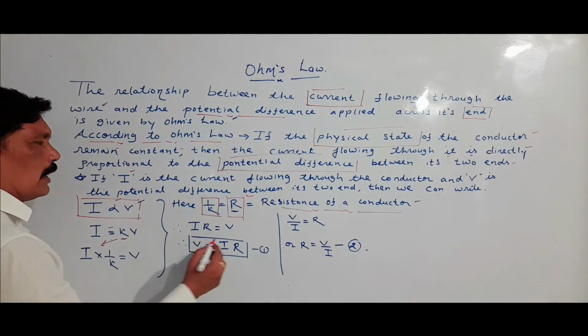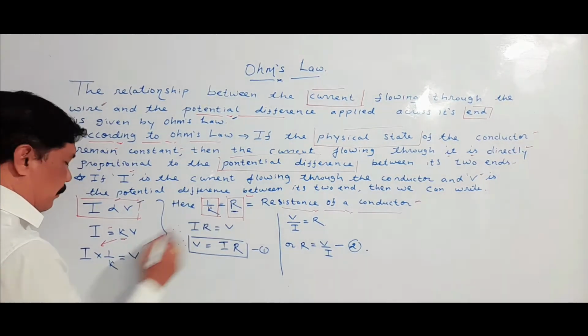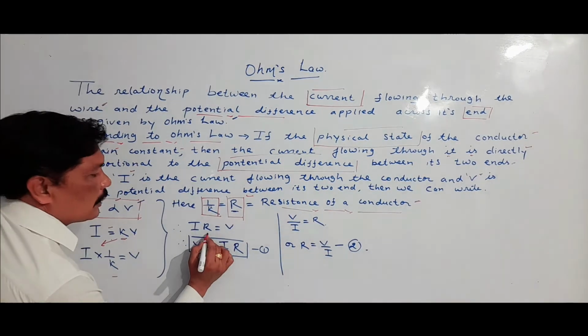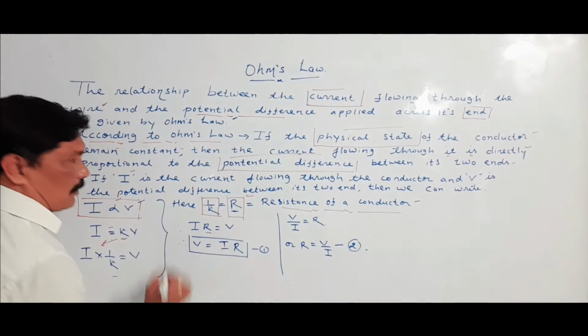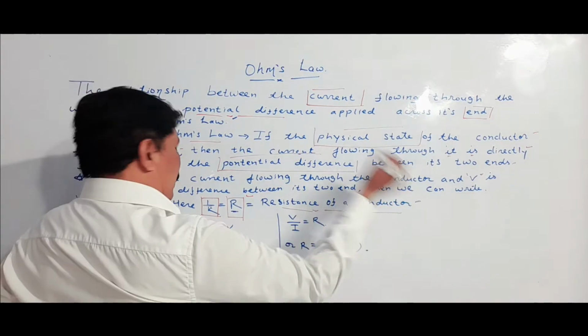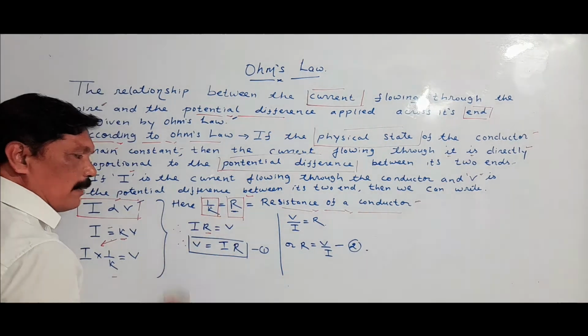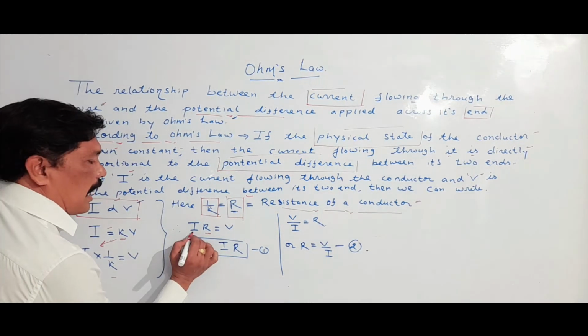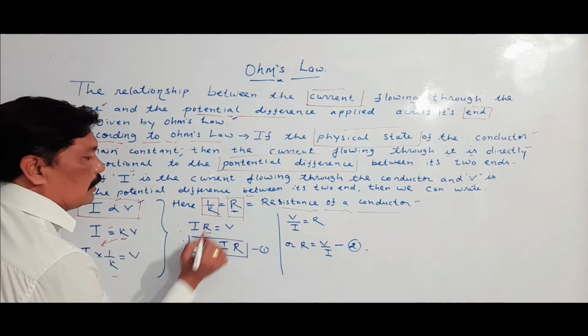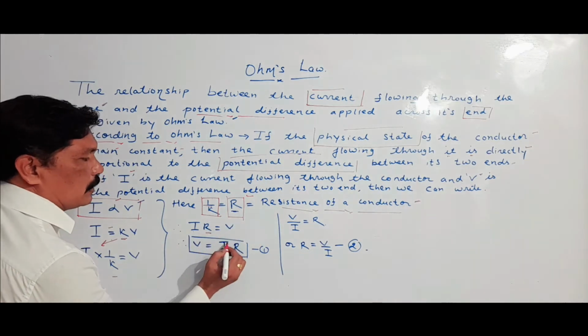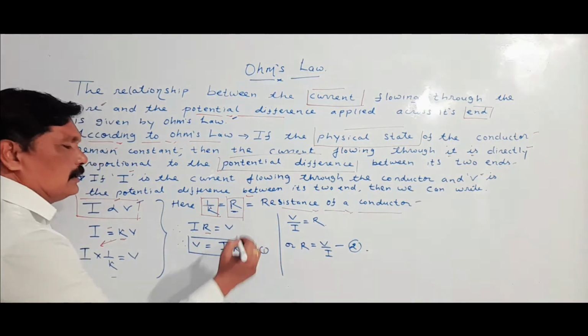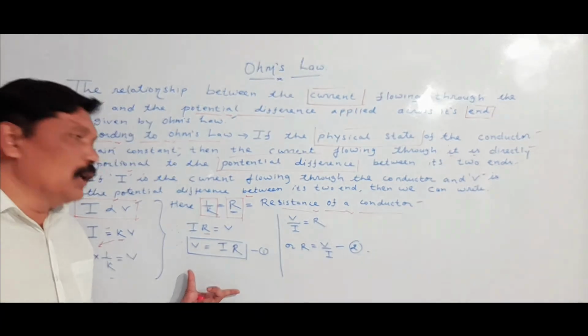Now my dear student, in place of 1 by K we have put resistance, that is R, the resistance of a conductor, and we get the mathematical expression IR is equal to V. It means that V is equal to IR. This is the expression for Ohm's law.